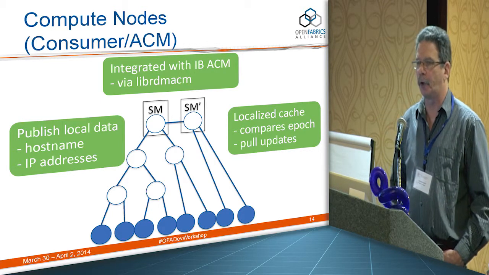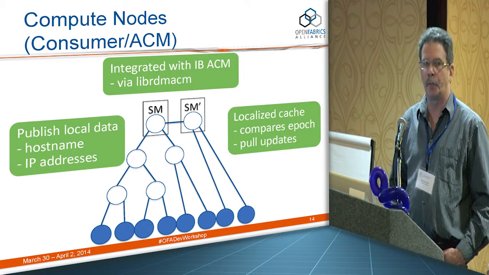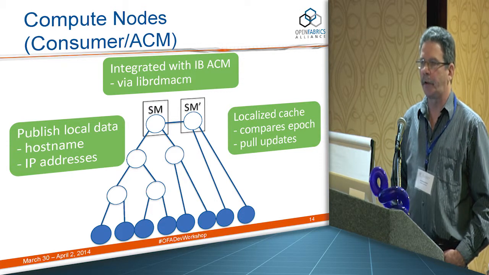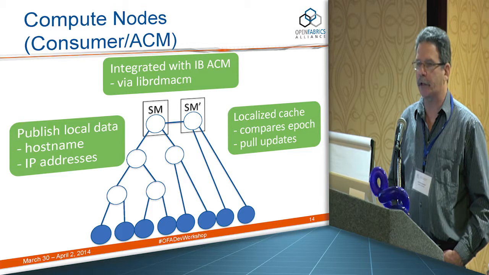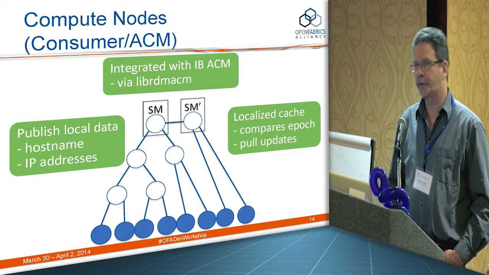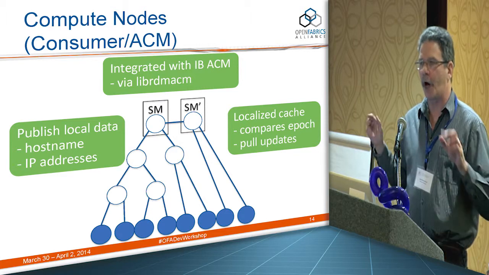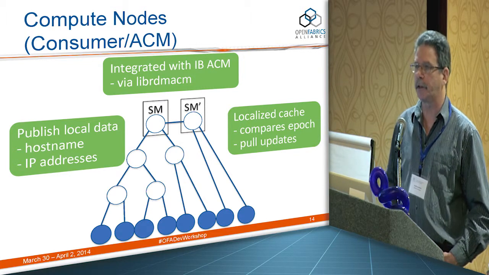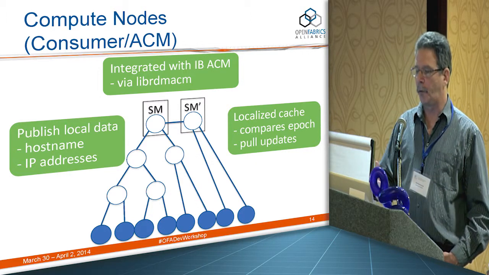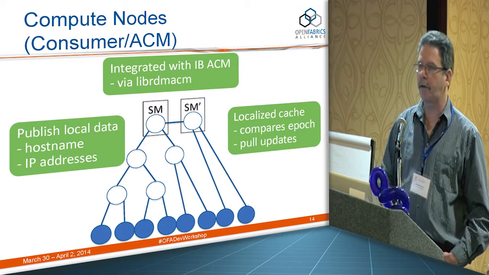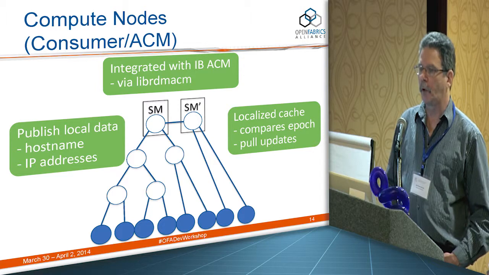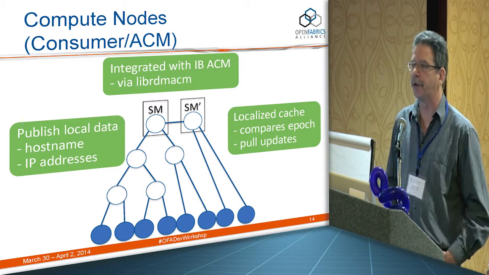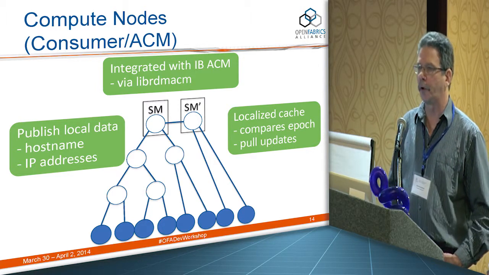ACM version 1 used a set of multicast overlays to construct path records and do ARP-like operations over MADs as a way to get this information. But with the SSA backend, it comes down this distribution tree, and that's how it gets all this information.